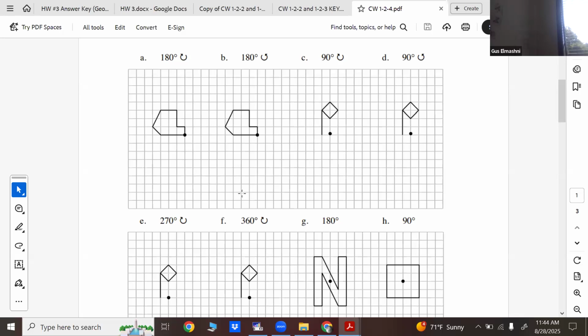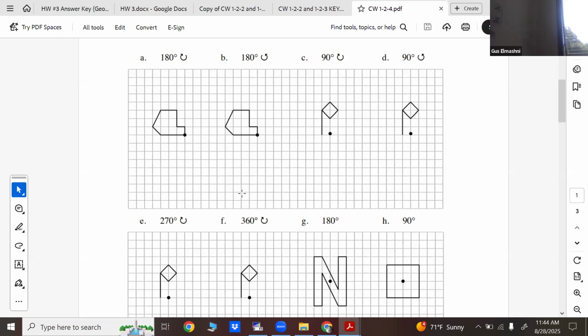You're just going to rotate according to what they say. So for the first rotation, that's 180 clockwise. I mean, if you go 180 counterclockwise, I don't think that would matter. But for B, that'll be 180 counterclockwise.